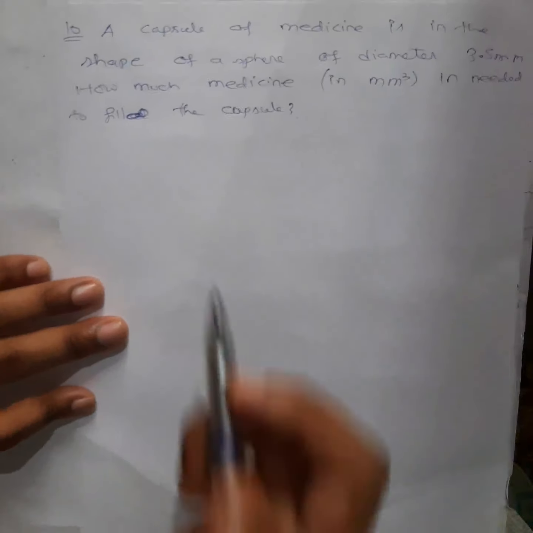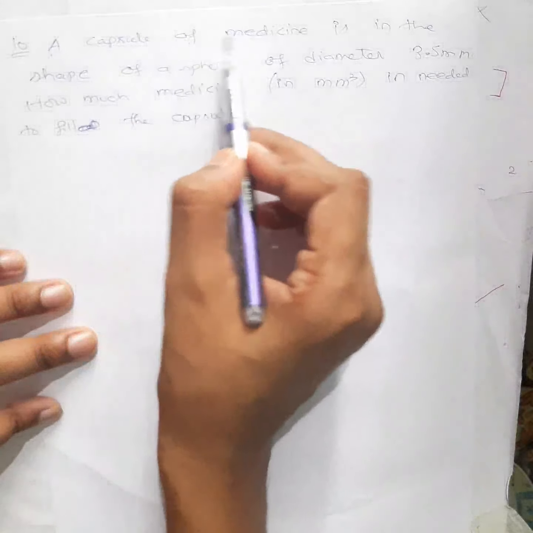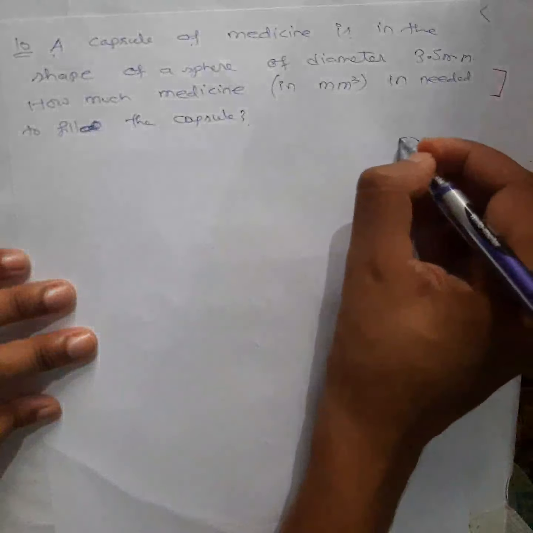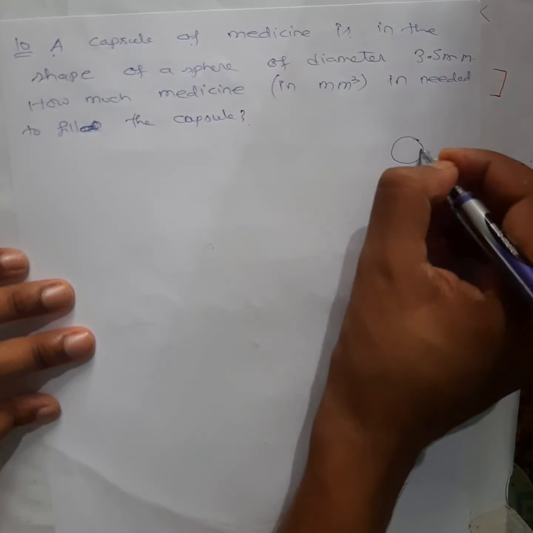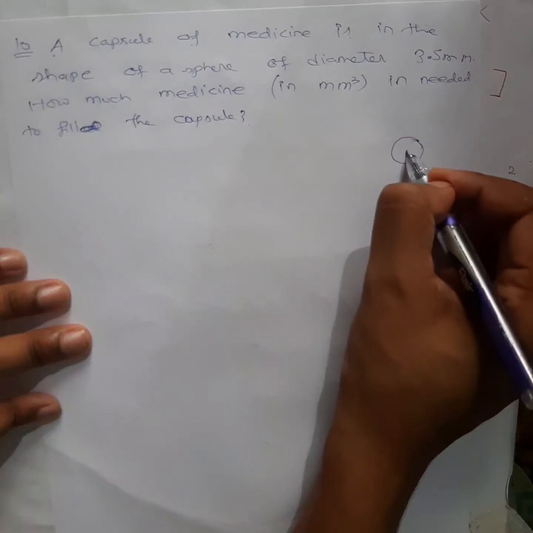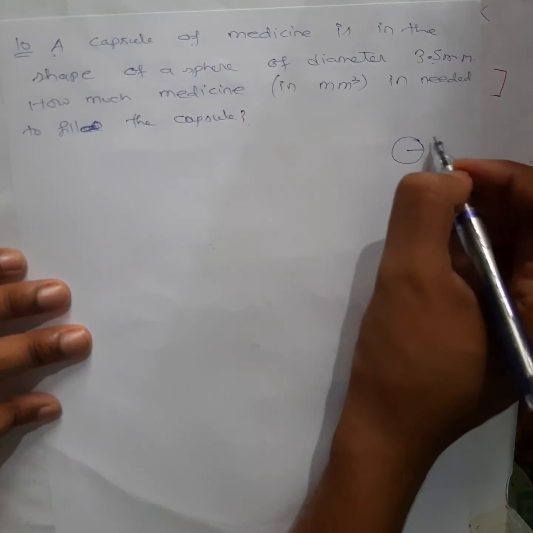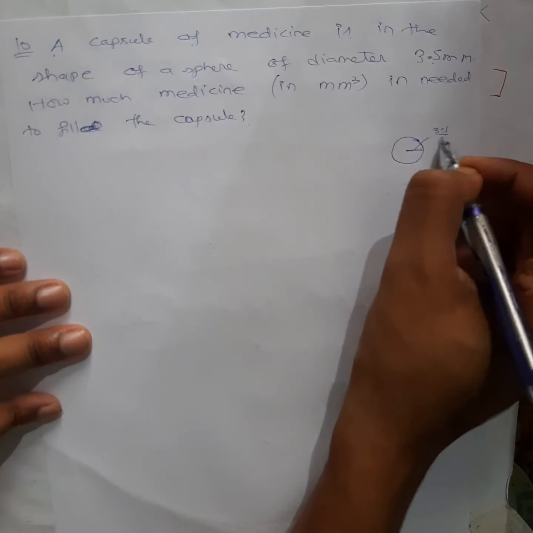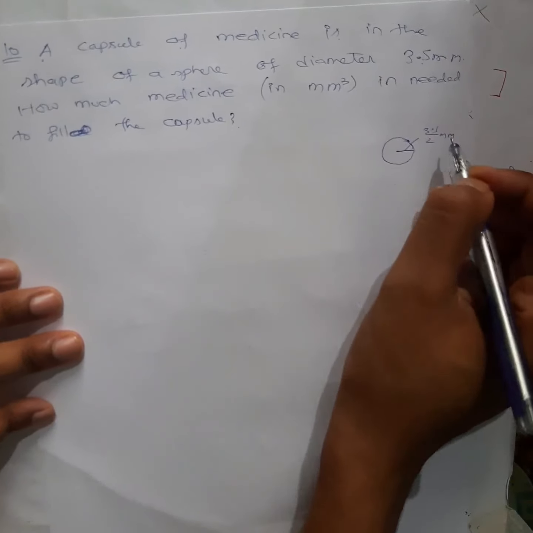Next question, number 10. A capsule of medicine is in the shape of a sphere of diameter 3.5 millimeter. So radius will be how much? 3.5 by 2 millimeter.